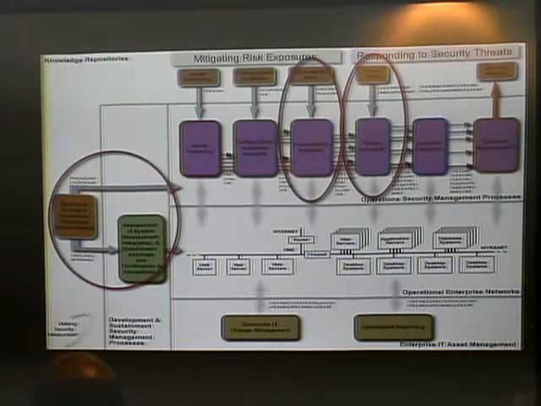You know, what assets do I have? Are they vulnerable? How are they configured? What's happening, intrusions, and so on. Well, CWE actually plays a role in incoming threats against code that you've developed.